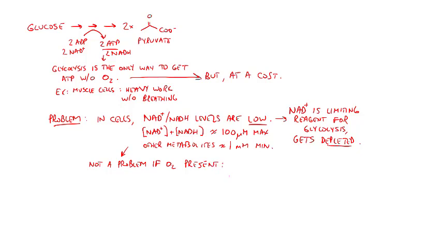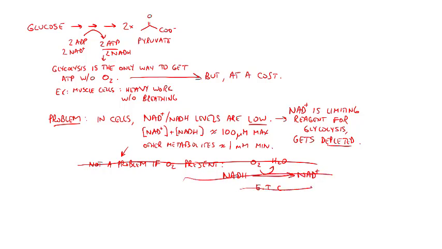And the reason for that is because NADH can be oxidized back to NAD plus with oxygen being reduced to water. That's the function of the electron transport chain, which we're going to talk about in a later lecture. But if oxygen is not present, this doesn't happen.